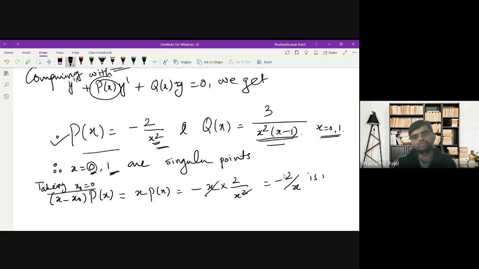This is not analytic at x is equal to 0 because it is not defined at that point.